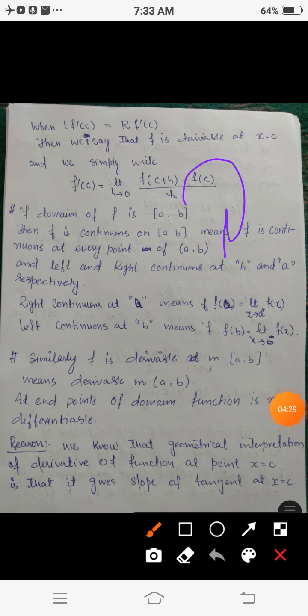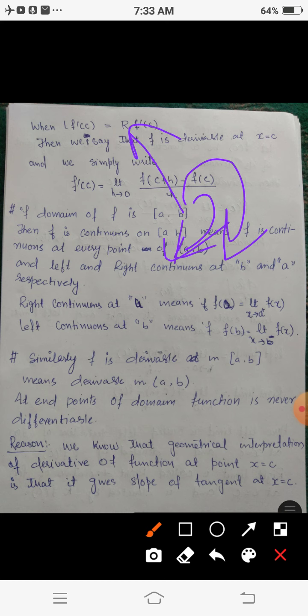Here b is the right endpoint. For points greater than b, the function is not defined, so we cannot find the right limit at x equals b.